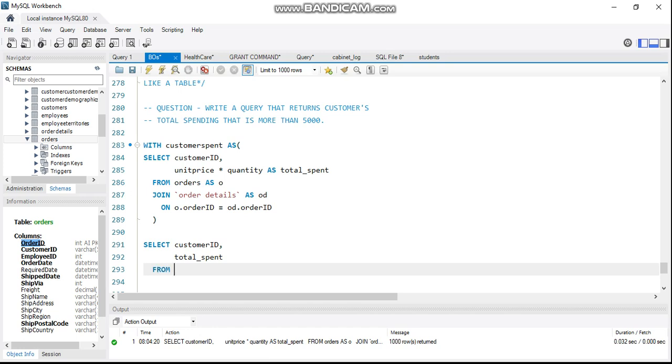From, what is the name of this table? The name of the table is customer spent.